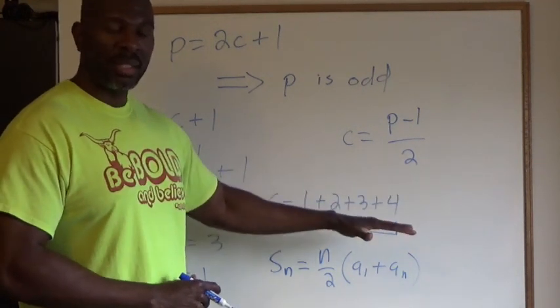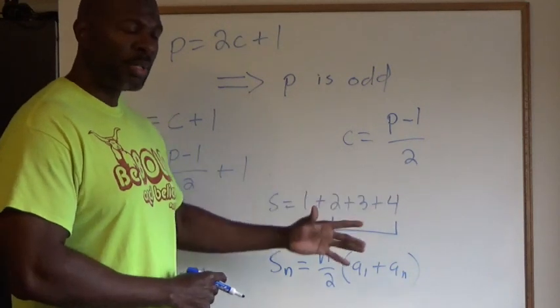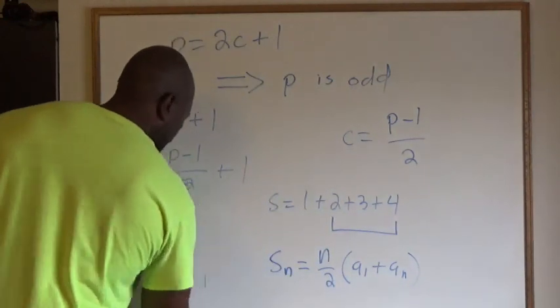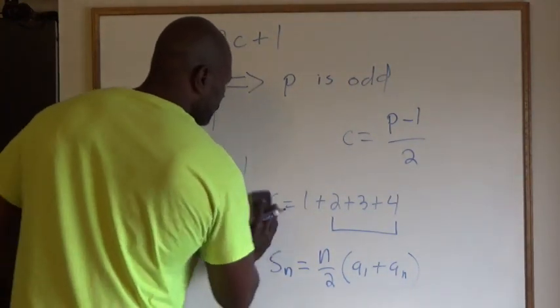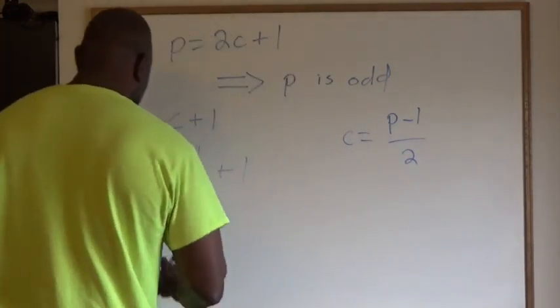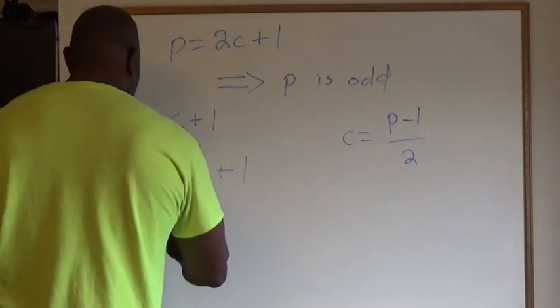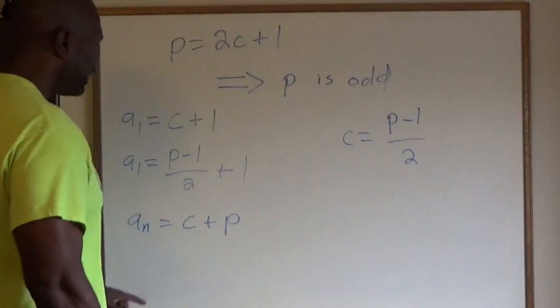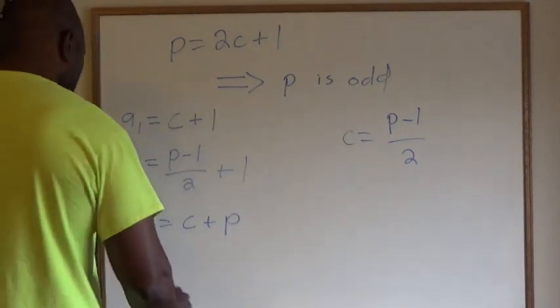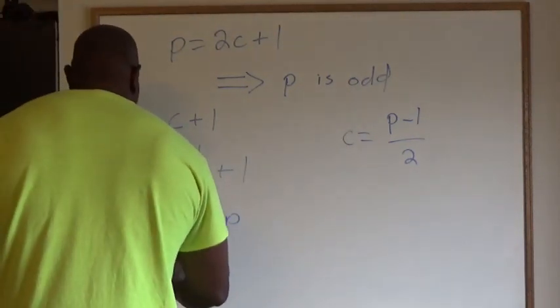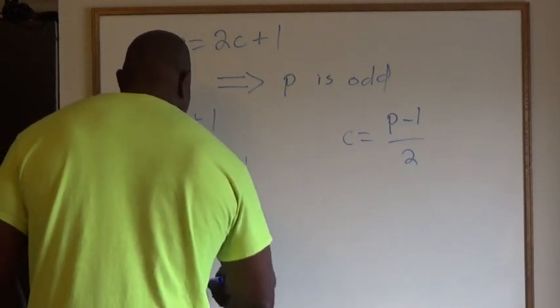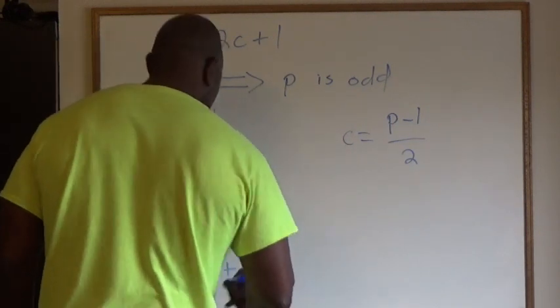That's the easiest way to think of an for the first partition. So an is c plus p. Again, c is (p minus 1) over 2, so an is (p minus 1) over 2 plus p.